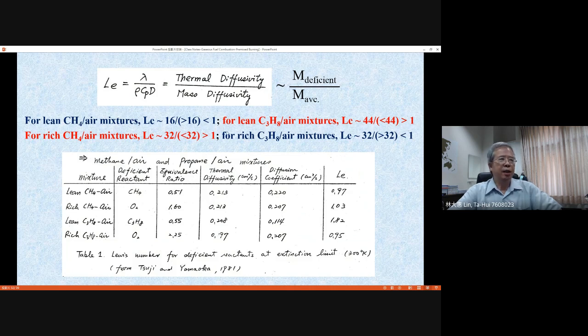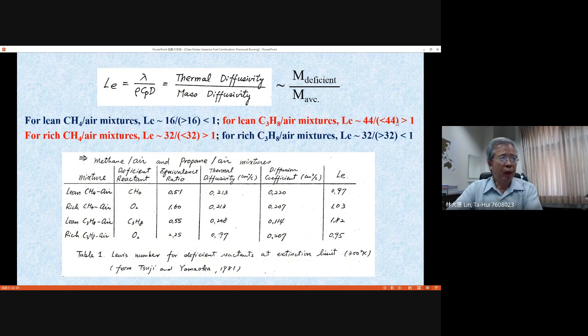We check it: lean propane here, the equivalence ratio is 0.55, and the Lewis number is around 1.82, larger than 1. The values 0.97 and 1.82 are calculated from the existing data in the thermodynamic table. But when we do the quantitative comparison, you still get the same results.